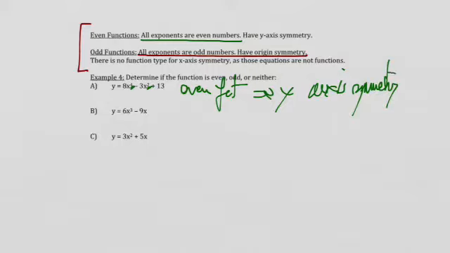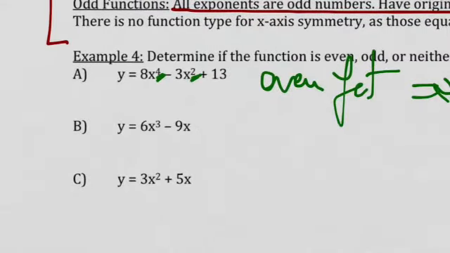Now, if I look at this one, I got a 3 and a 1, which are odd numbers, so I have an odd function.